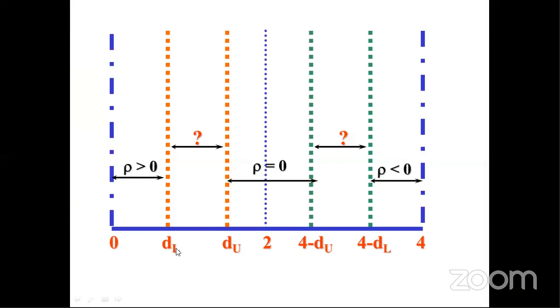One of the most important limitations of the Durbin-Watson test is that there are two areas here with a question mark. This question mark is known as inconclusiveness. Inconclusive means you cannot make any conclusion whether to reject your null hypothesis or not, if your calculated value lies between DL and DU in this part, or between 4 minus DU and 4 minus DL in this part.